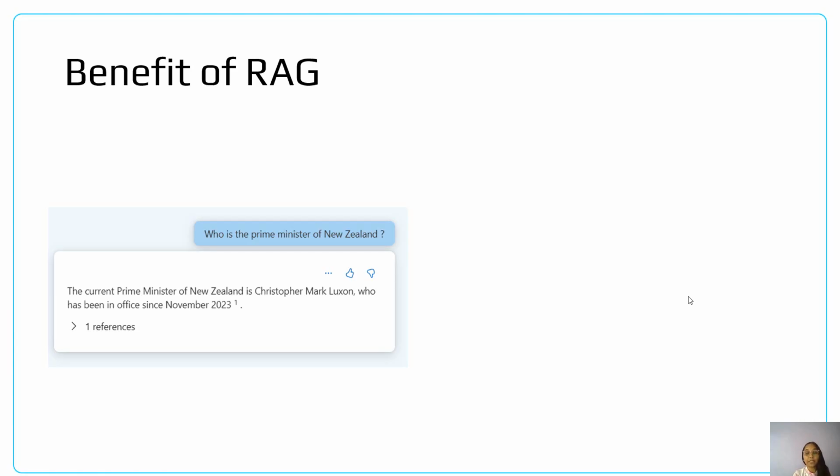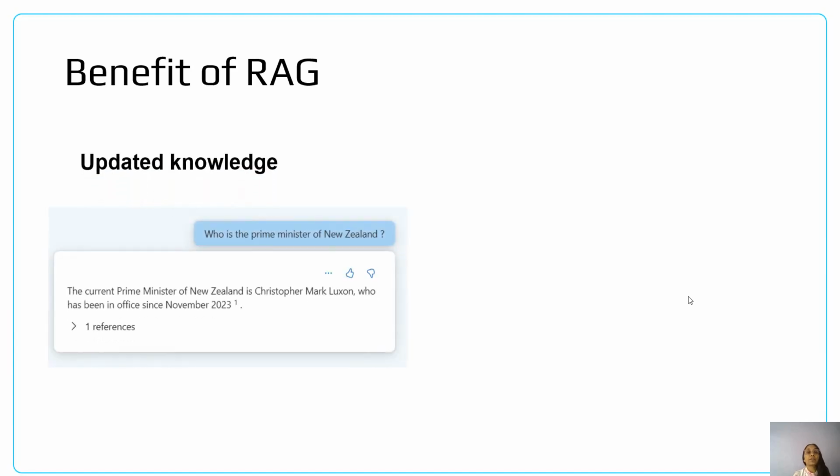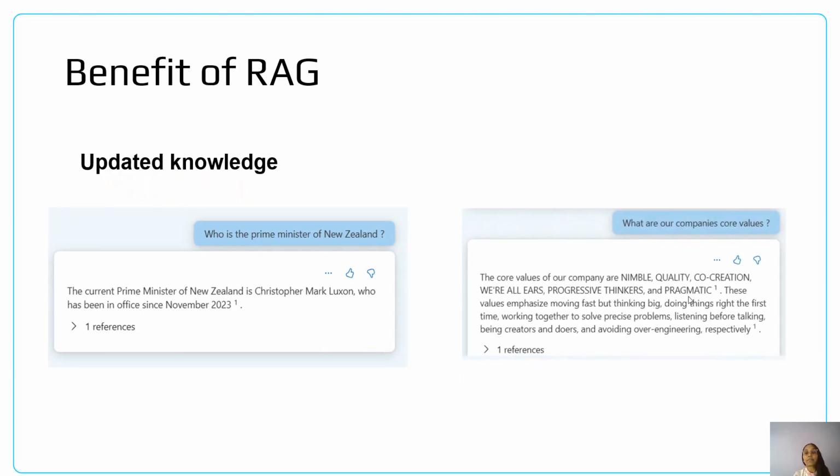So now what is happening is with the RAG, you have updated the knowledge of the LLM. And also when I have fed our company's core values to the model, the core values of our company, which is Data Engine, are nimble, quality, co-creation, we are all ears, progressive thinkers, and pragmatic.